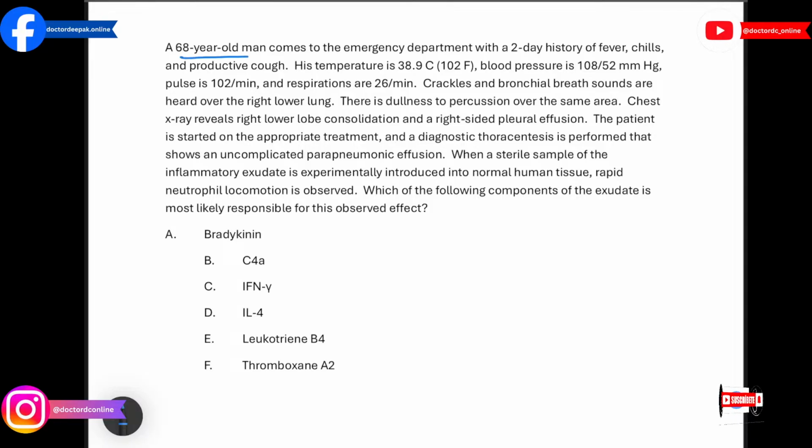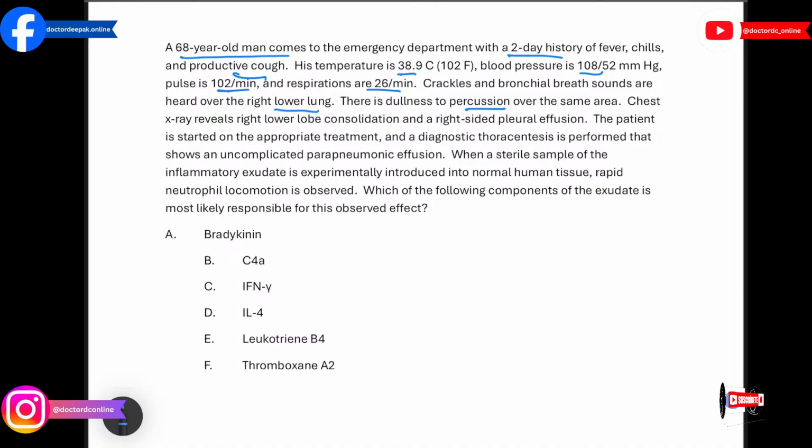Now the question is, a 68-year-old man comes to the emergency department with a 2-day history of fever, chills, and productive cough. His temperature is 38.9, blood pressure 108/52, pulse 102, and respiration is 26. Crackles and bronchial breath sounds are heard over the right lower lung. There is dullness to percussion over the same area. Chest X-ray reveals right lower lobe consolidation and right sided pleural effusion.